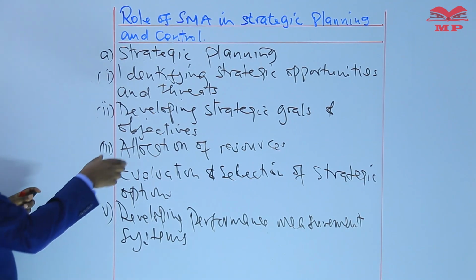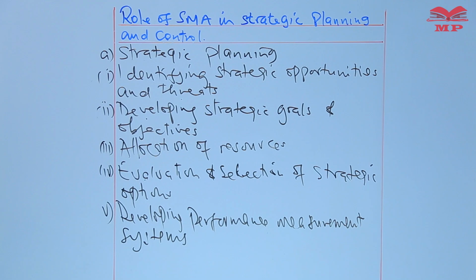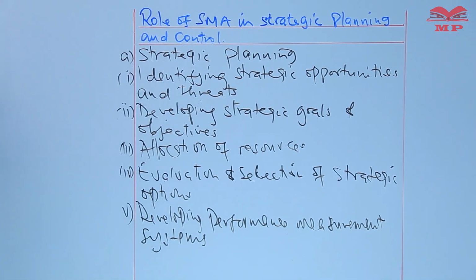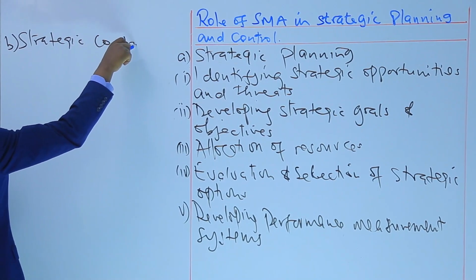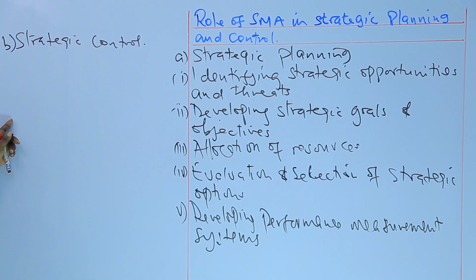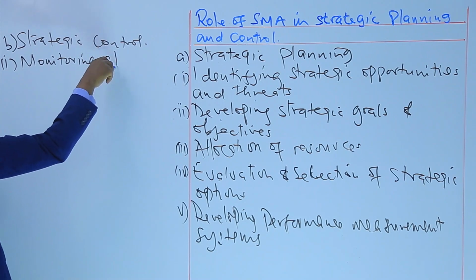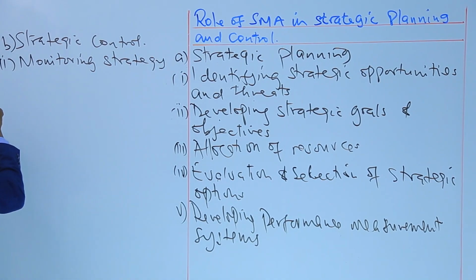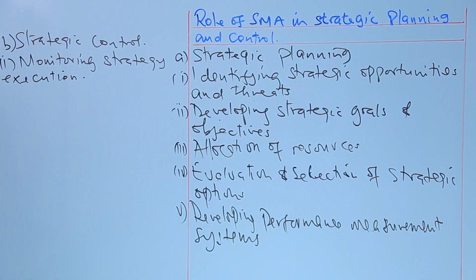Now let's move on to study the role of SMA in strategic control. A, strategic planning. B, strategic control. One role here is that of monitoring strategy execution.